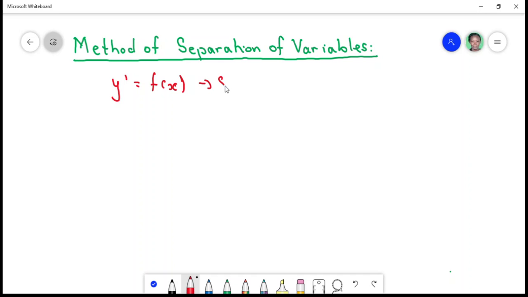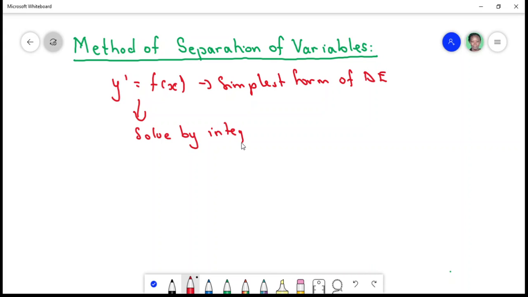With this form of differential equation, you could solve by integrating to get a solution, so that our solution y will be equal to the integral of f of x dx.